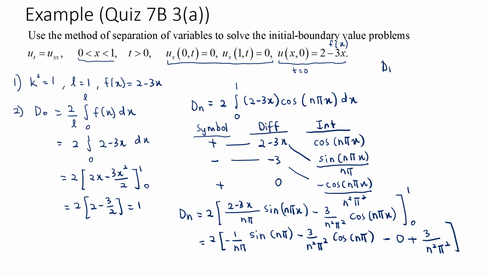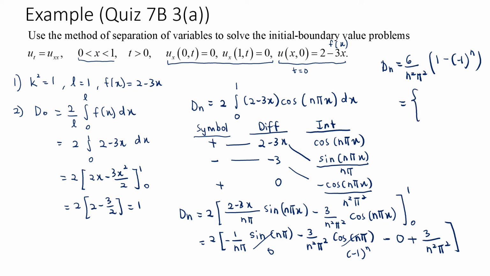Then we simplify this, where sine n pi equals 0, and cos n pi can be represented as -1 to the power of n. So we expand, 2 times 3, we get 6 over n squared pi squared times 1 minus (-1) to the power of n.